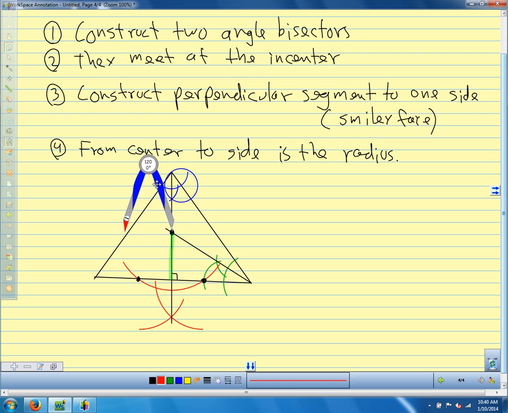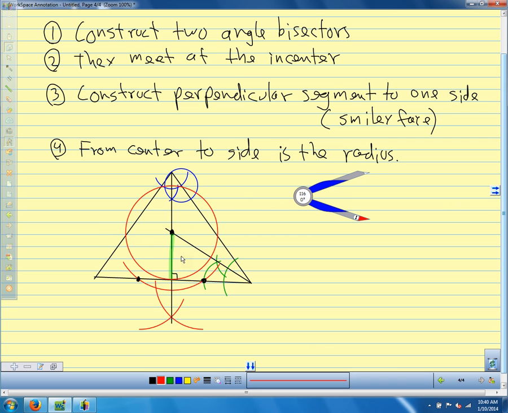So set my compass there. So there's my radius, and if I do this perfectly, this one's a little harder to do perfectly. If I do it perfectly, my circle should end up perfectly inside my triangle. So somewhere I did something not quite right with my construction. My circle should fit perfectly inside the triangle.